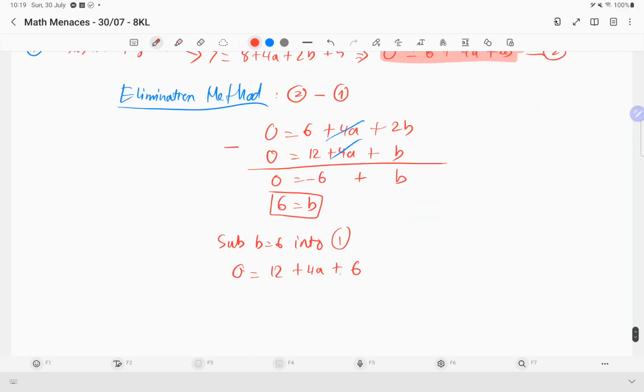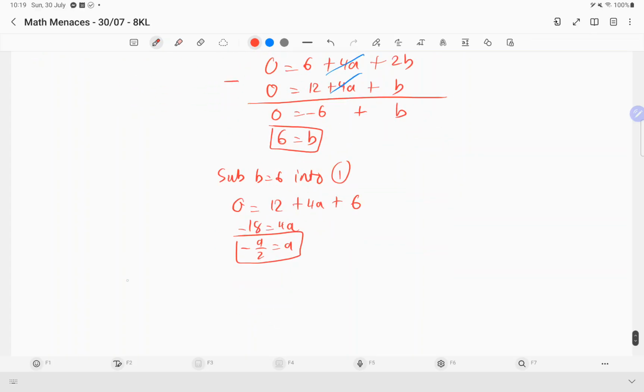Yep, and then you solve for a. Right, so that's 18. Move the 18 over, negative 18 equals to 4a. So then negative 18 over 4, that's negative 9 over 2 equals to a. Right, and then you write down the final answer. Therefore, a is negative 9 over 2, b is 6, and c is 5.